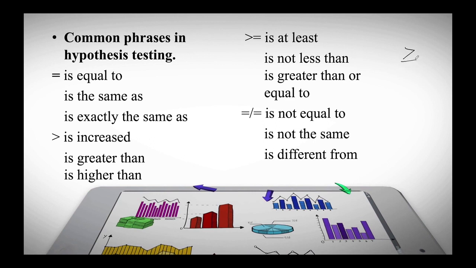Kapag kasi may mga keyboard, especially sa Google Form, hindi naman lahat available sa inyo yung ganitong character, yung iba naka-phone, yung iba naka-laptop, you can write the greater than like this, greater than or equals. Instead of this, you can write this. Same lang po yan. So, gagamitin yan if ever na you see some phrase in hypothesis testing like is at least, is not less than, is greater than, or equal to.